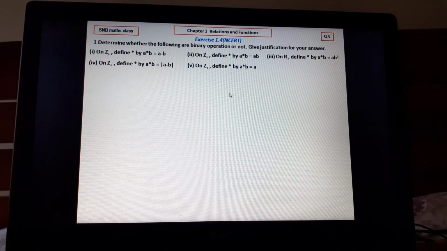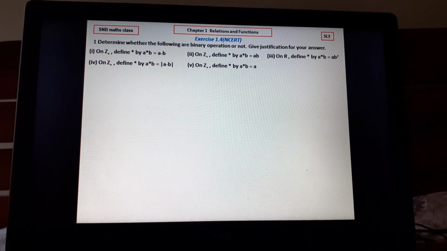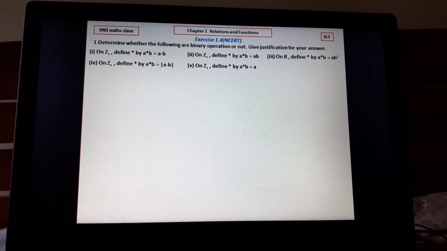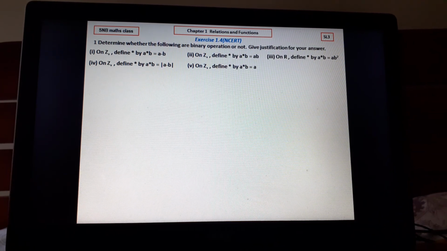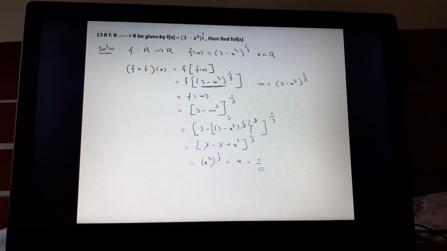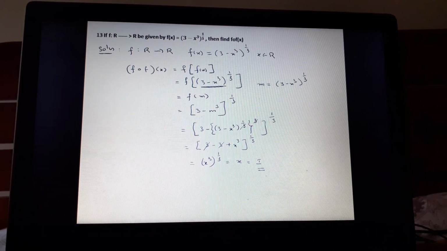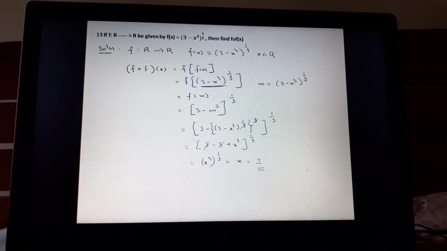Therefore, before attending this exercise, please revise the lesson related to binary operation. In the next SL, that is supplementary lesson, let me take the problems based on binary operation. I think within one lesson we can complete this. With this actually we are completing the entire chapter.